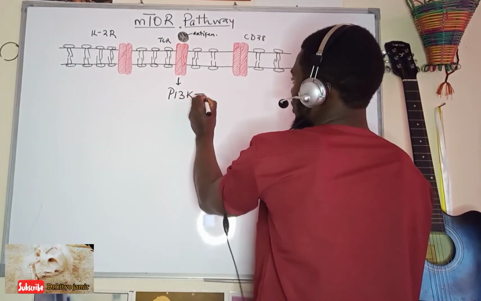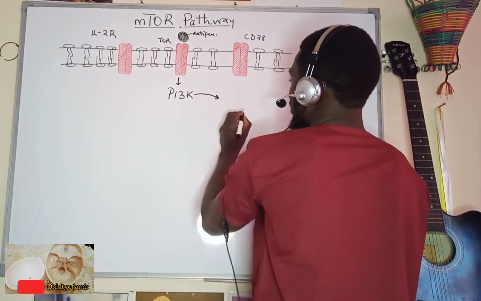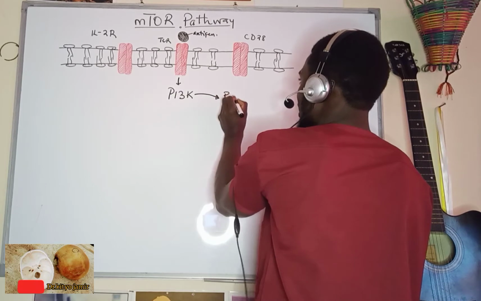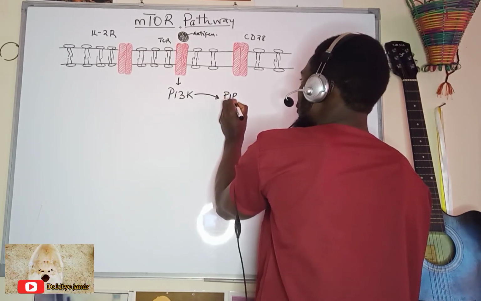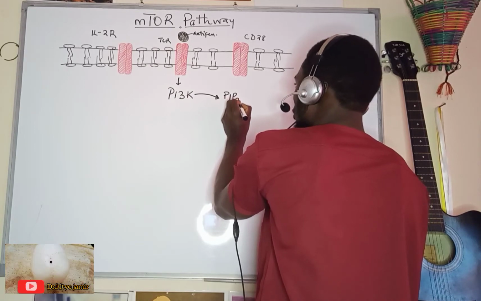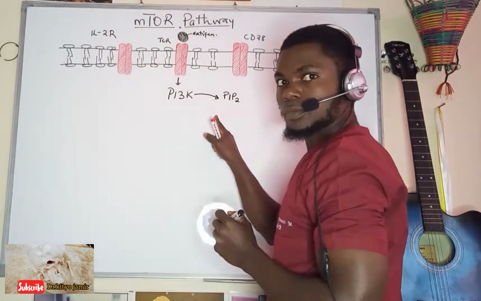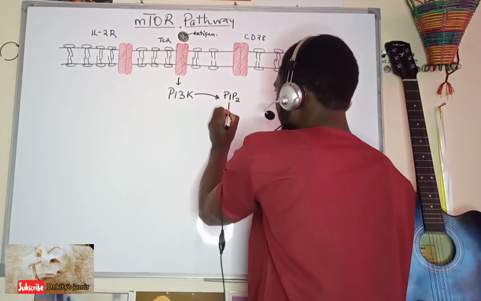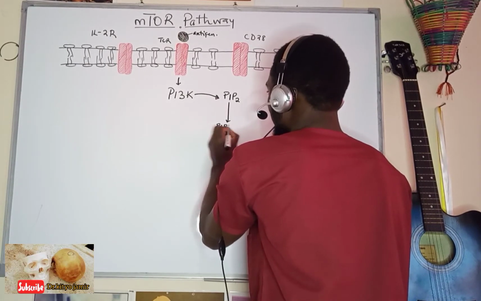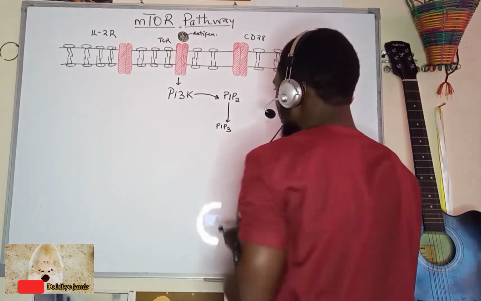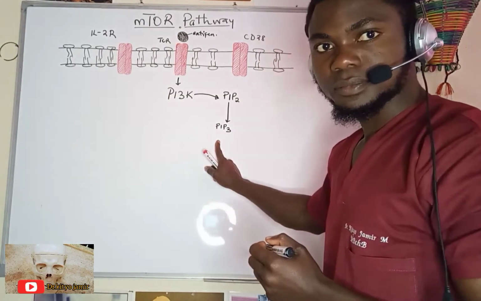So when this is phosphorylated and activated, what is going to happen next? This is going to lead to phosphorylation of phosphoinositide 4,5 phosphate, or PIP2, to phosphoinositide 3,4,5 phosphate, which is PIP3.